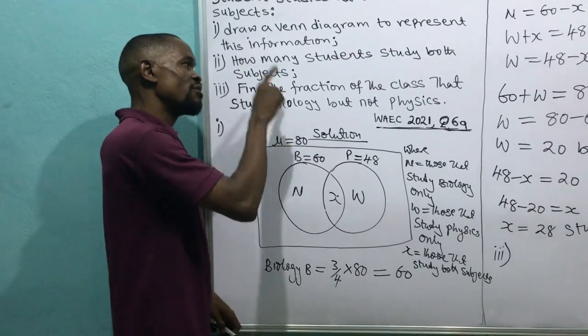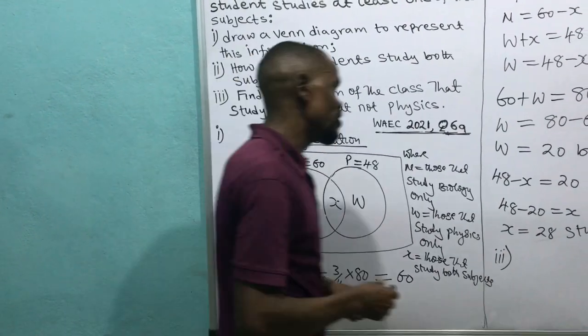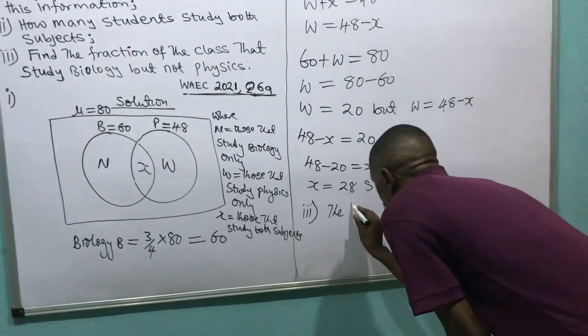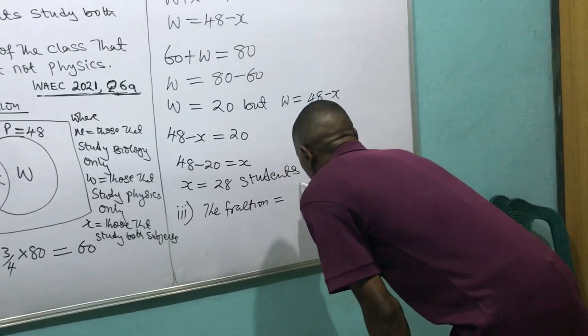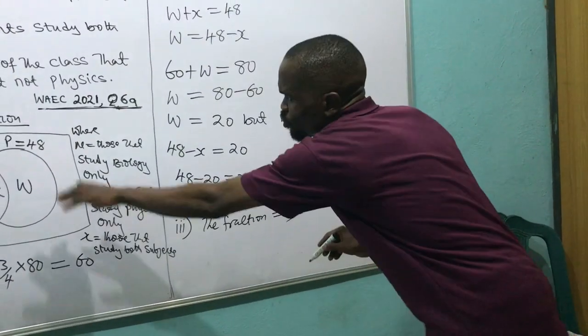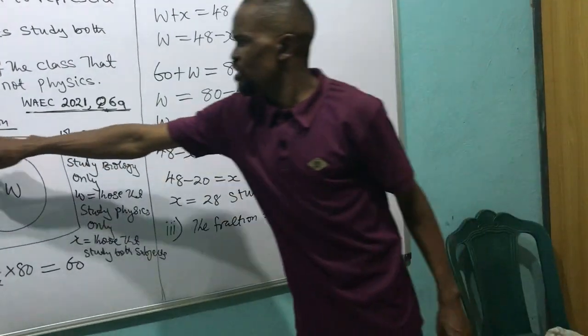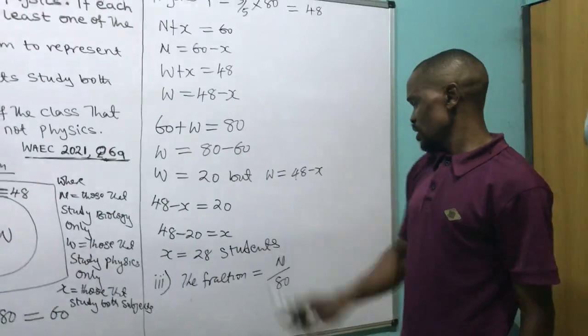But the question said the fraction of the class that study biology but not physics. What's the fraction? The fraction is equal to N over the total number of students in the class. The total number of students in the school is 80.